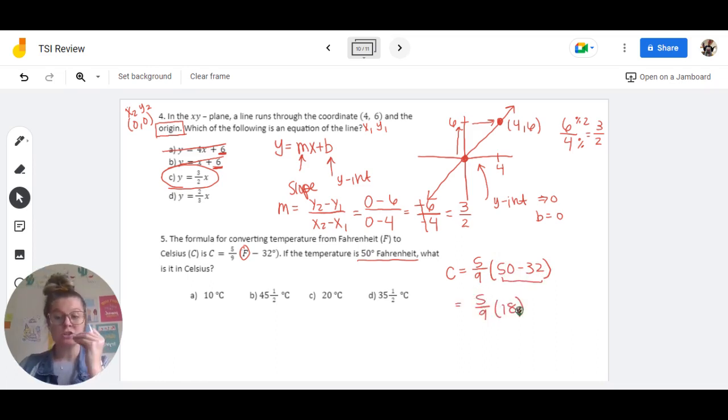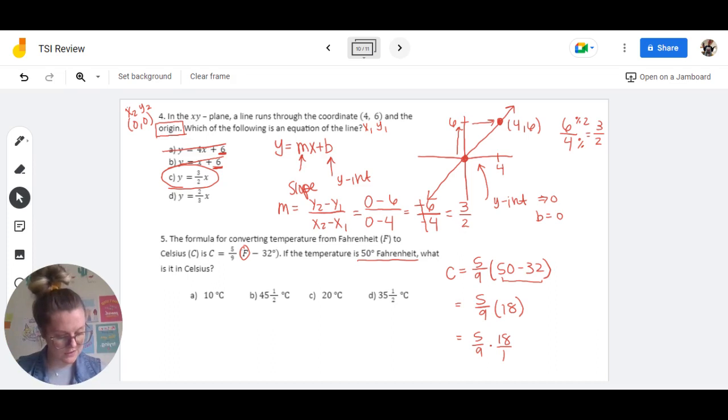And now I need to multiply these fractions. So technically 18 is not a fraction, but I can put it over 1. And then I'm just multiplying. Multiply your tops, multiply your bottoms when you're multiplying fractions. But I'm going to give you guys something that might help you, especially if you don't have a calculator on this question. If anything on the numerator or the top of your fraction can cancel with anything on the denominator, you can cancel it before you multiply.